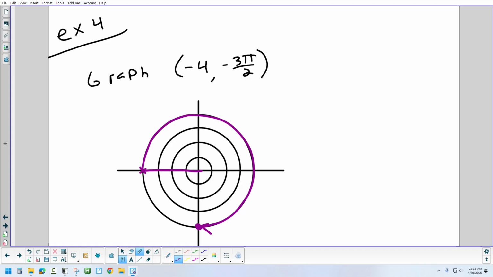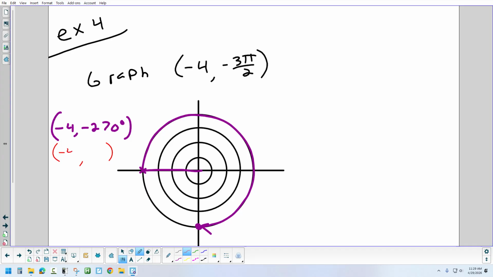Okay. So let's change it to degrees, just because I want to try something. What would be another way to get to that point, besides the way that I have up there now? Yep. You could add 360 to 270. Okay. So what would that give me for a coordinate?